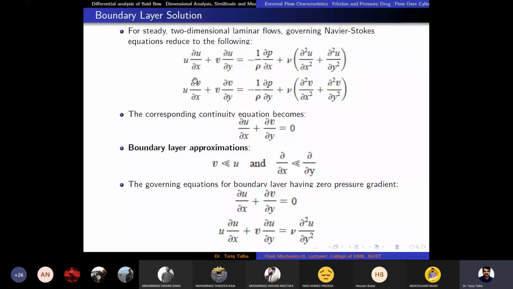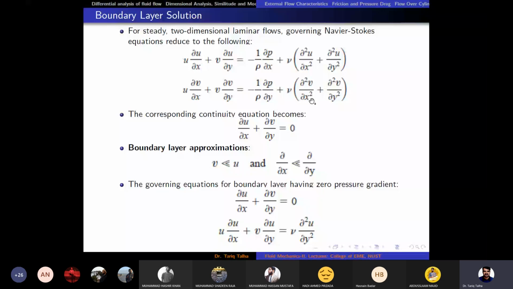Then v velocity itself is very small, so we can neglect the second term as well. If partial v by partial x is 0, then the gradient of that would also be 0, so this term is also 0.